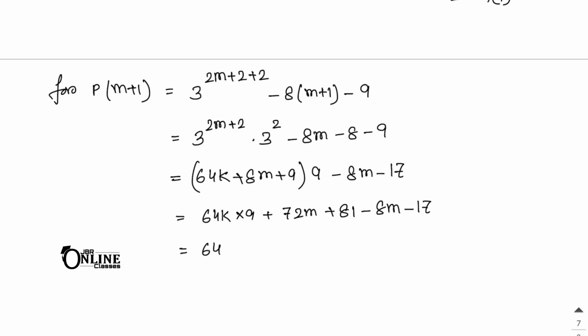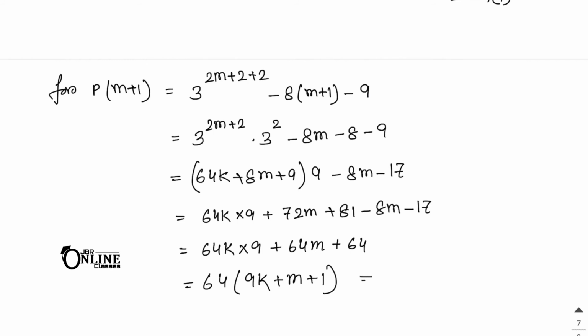So 64k times 9, then 72m minus 8m becomes 64m, and 81 minus 17 also equals 64. Now if you take 64 common, you will get 64 times (9k plus m plus 1), which is definitely a multiple of 64. That implies P(m+1) is true.